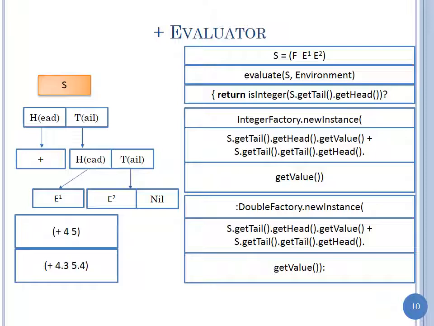Okay, makes sense? So again, I should have done it in more increments. So basically what I'm doing is I'm saying E1.getValue plus E2.getValue, add them up.